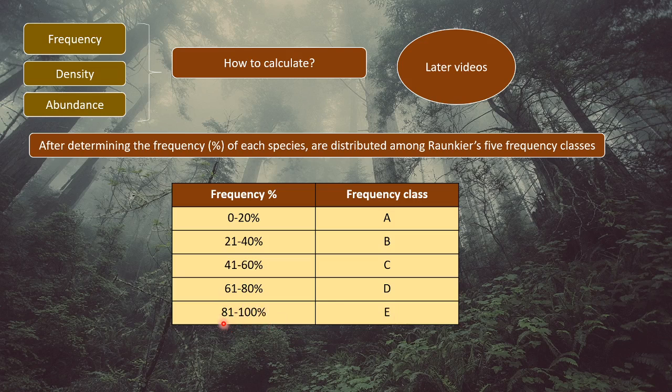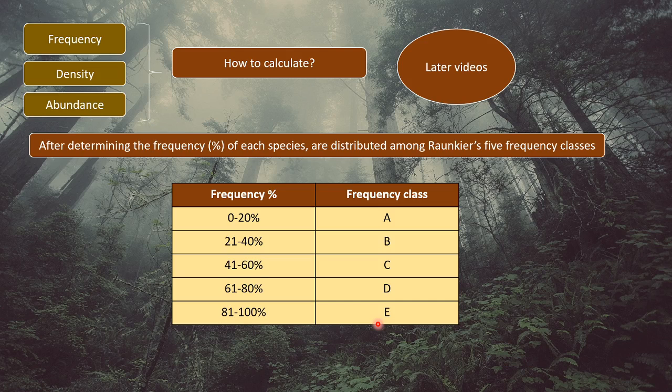Species that are very vigorous, having very good spread, having very good numbers in an area, will be included under class E. So again taking the same example, for example there is an area, and in that area say there are 100 species.